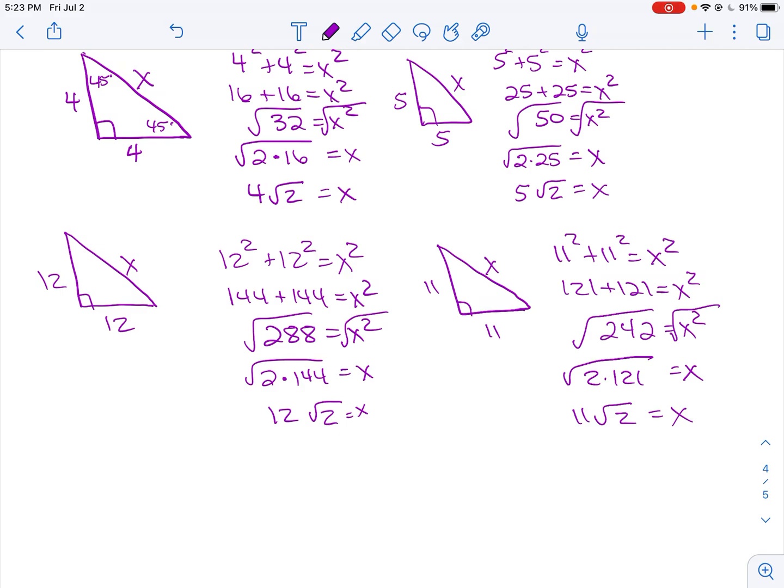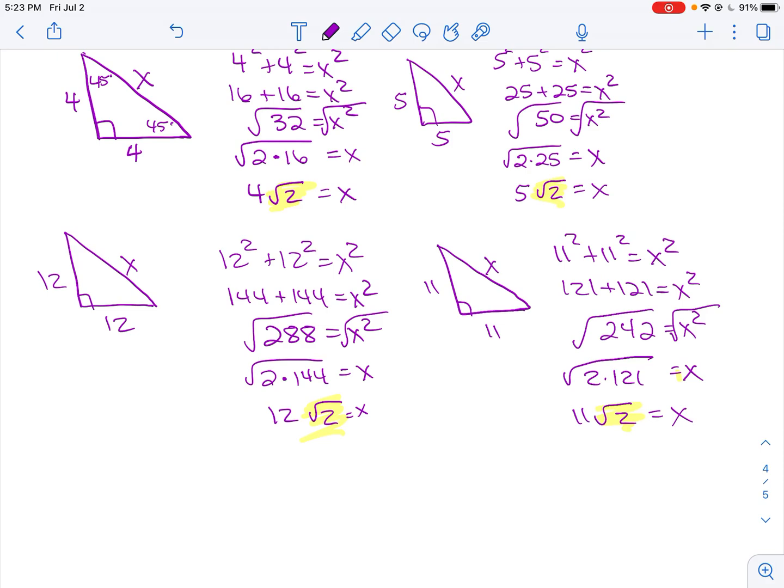So if you notice on each one of these that we did, we were finding the hypotenuse. Every time we were finding the hypotenuse, I ended up with the square root of 2. Each time we ended up with the square root of 2. So we had the side times the square root of 2.